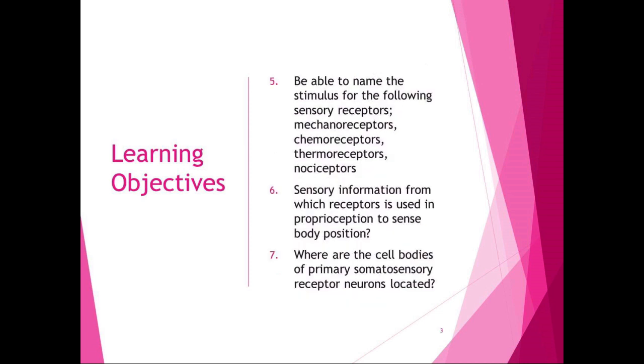So I want you to be able to name the stimulus for the following sensory receptors: mechanoreceptors, chemoreceptors, thermoreceptors, and nociceptors. Nociceptors we met when we began to talk about pain theory. The other 3, you can completely guess what they encode: mechanical sensations, chemical sensations, and thermal sensations.